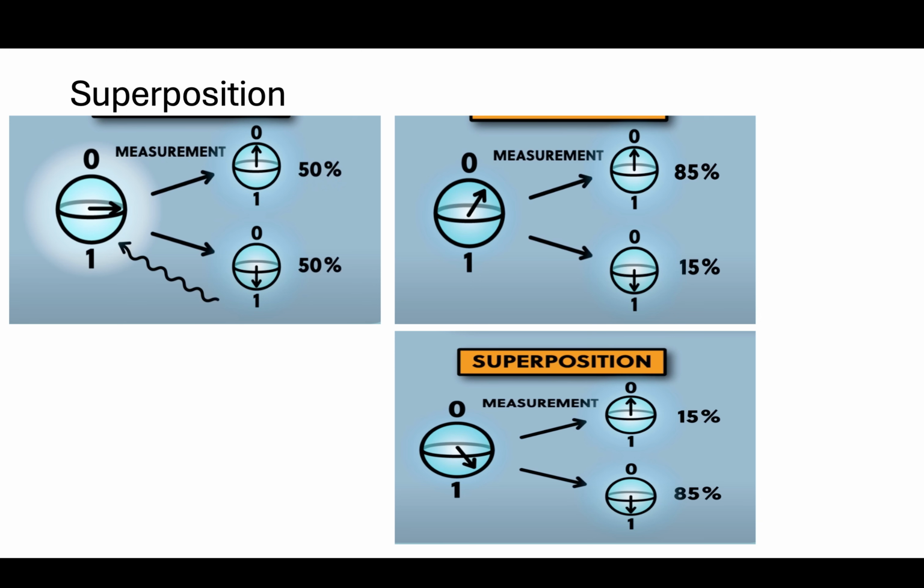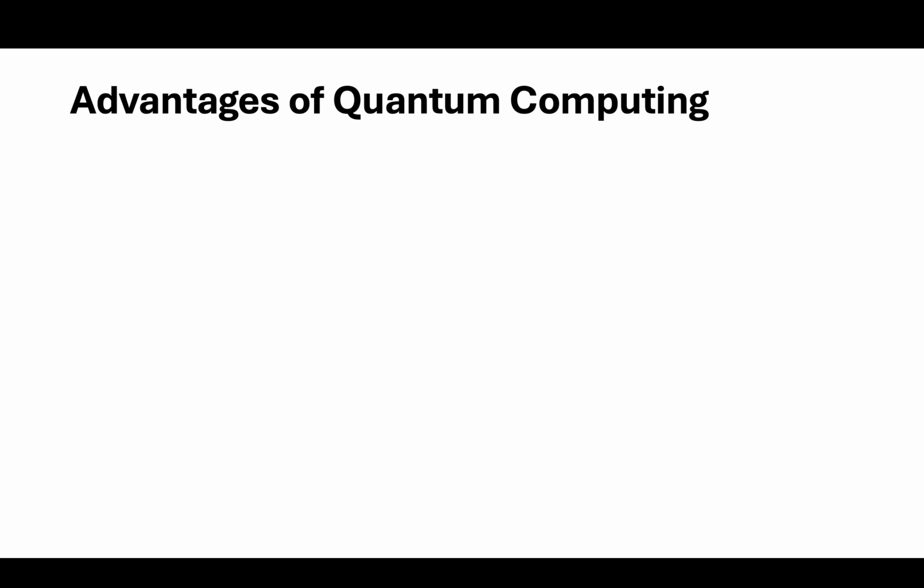So the chance of getting heads or tails is 50%. Or the chance of getting 0 is 85%, and then getting 1 is 15%. Similarly, the superposition for 0 and 1, where 0 is 15% and 1 is 85%.